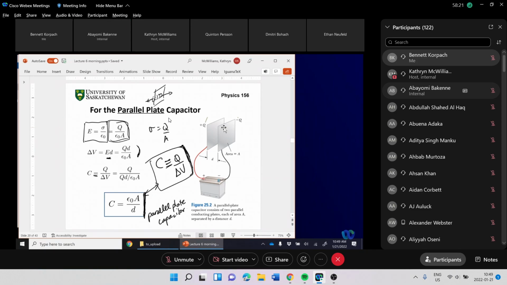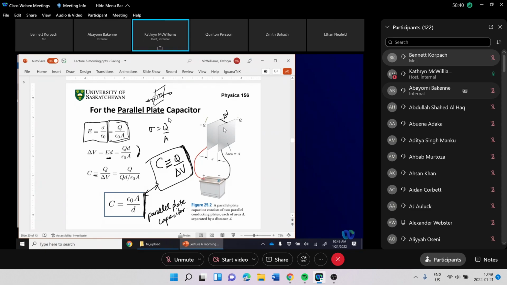We assume that the battery has enough power to maintain the same potential difference. So that means that the charges will flow to the plates until the potential difference is equal to the potential difference of the battery.